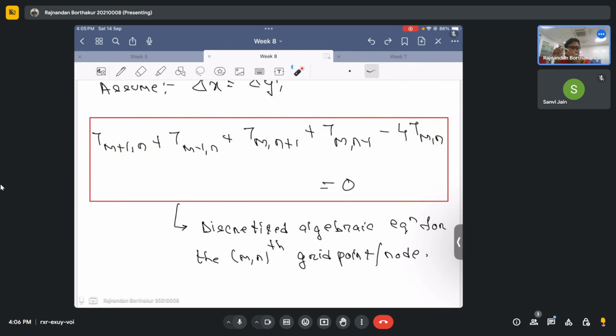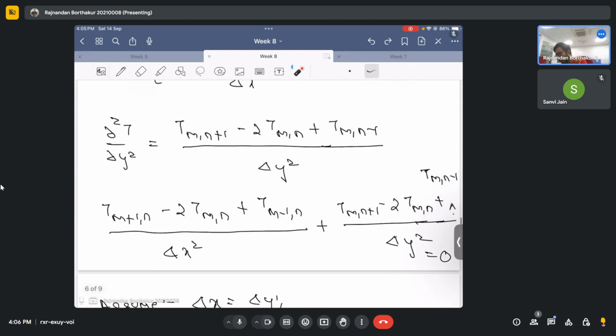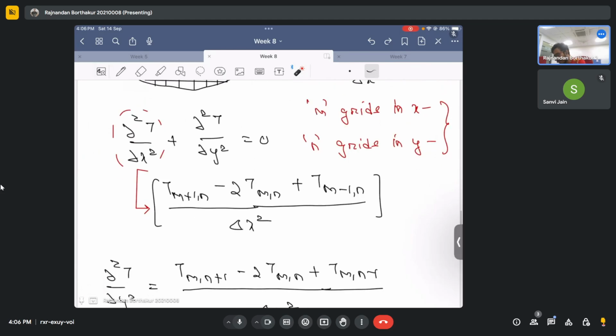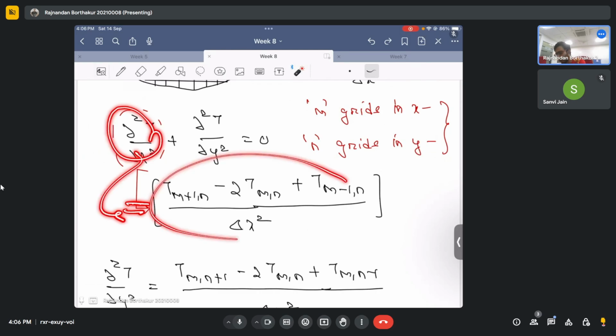But of course, since this is an approximate method, you cannot directly write del 2 T by del x2 as equal to this form. This obviously has an error, which is of the order of delta x cube, basically.